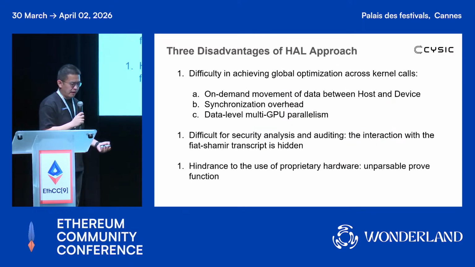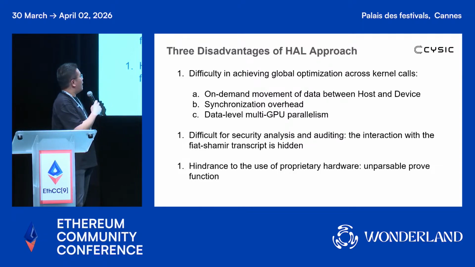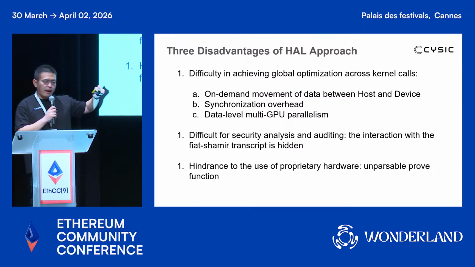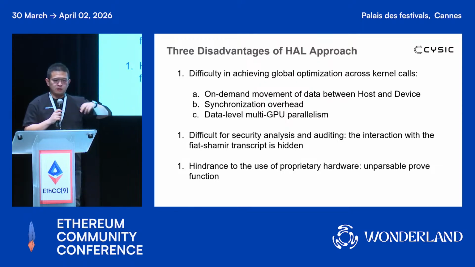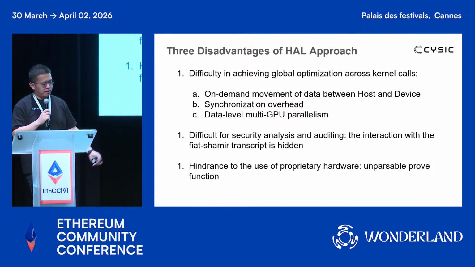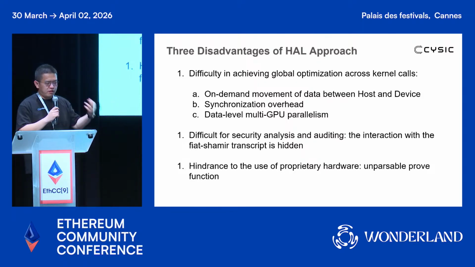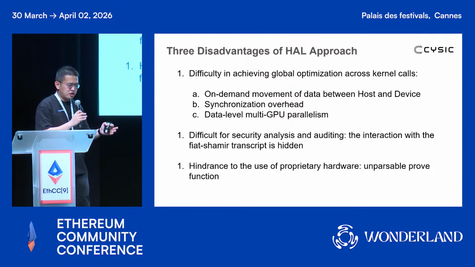Of course, we can see some disadvantages in this process. Since there are many kernels running on the CPU and the GPU side, it's very hard to optimize the kernels from a global perspective. These kernels need to synchronize with each other, which also takes some time.